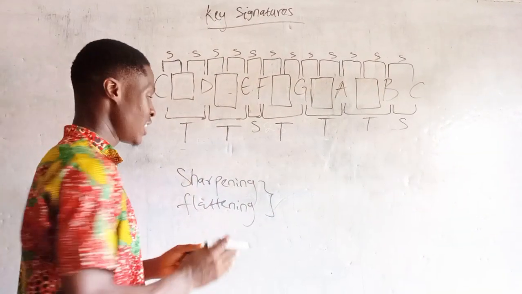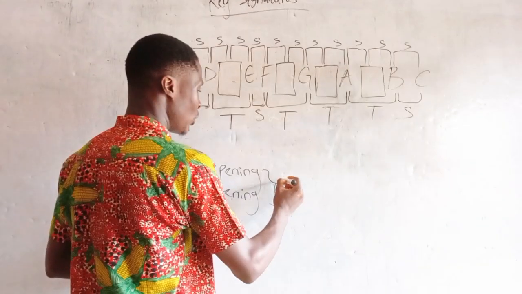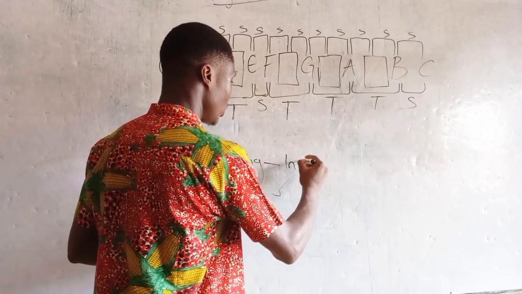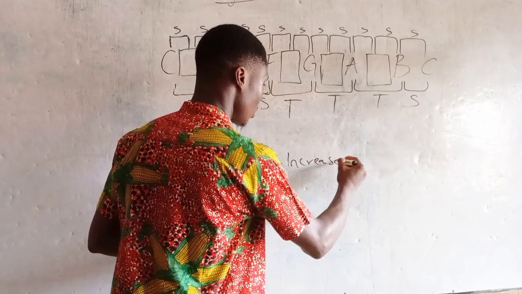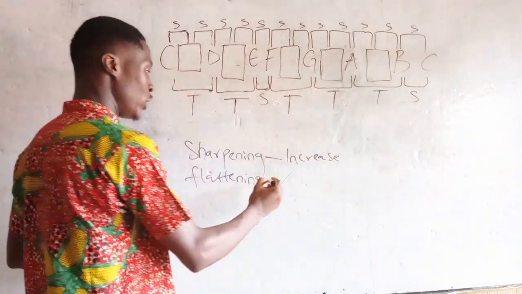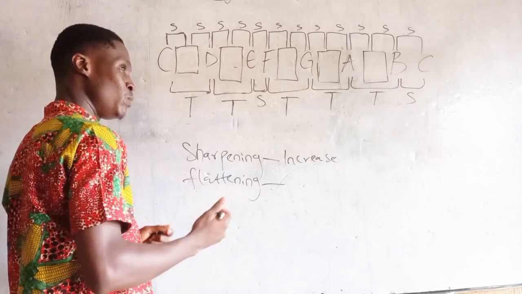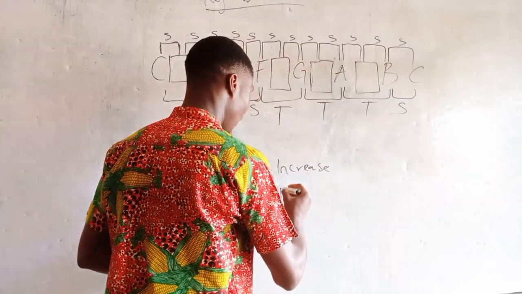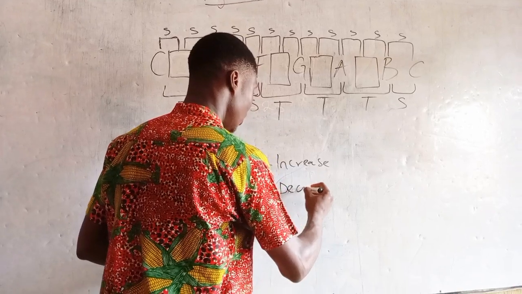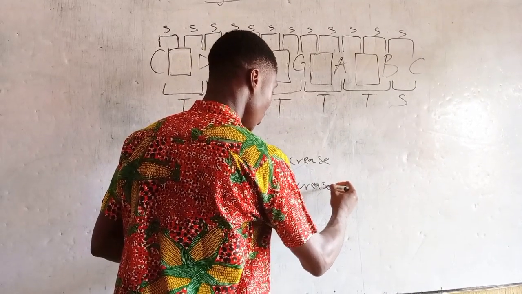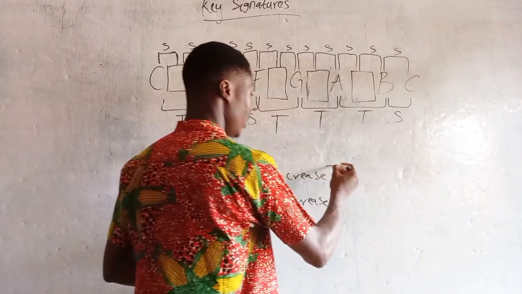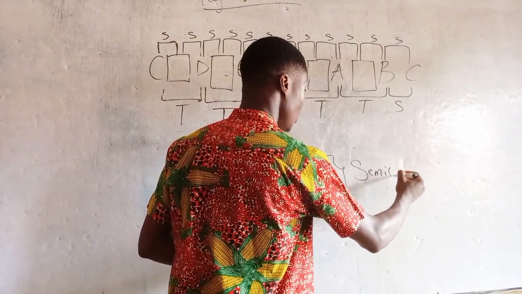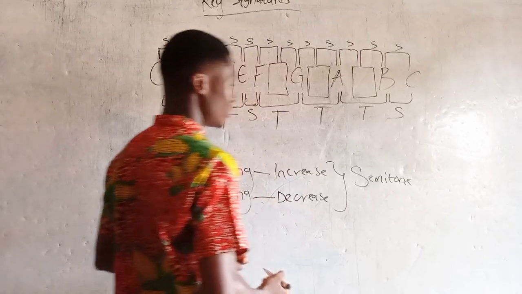I said in our last class, sharpening means to increase the sound of a note or a key, or the pitch of a note or a key by a semitone, and flattening means to decrease by a semitone, all by a semitone, that's a half tone.